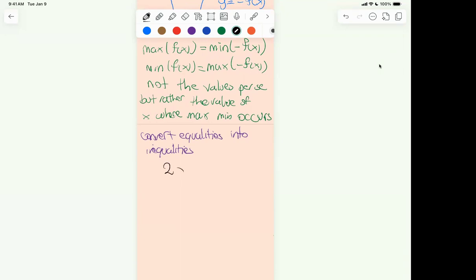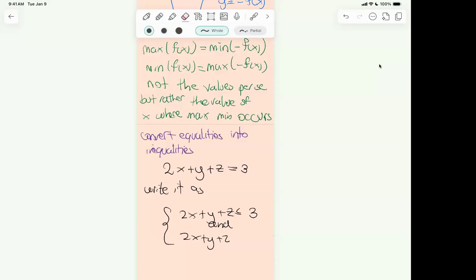So for example, if I wrote an equation like 2x plus y equals 3, and I wanted to regard that as an inequality, you can write it as 2x plus y plus z is less or equal to 3, and 3 is less or equal than 2x plus y plus z, right?